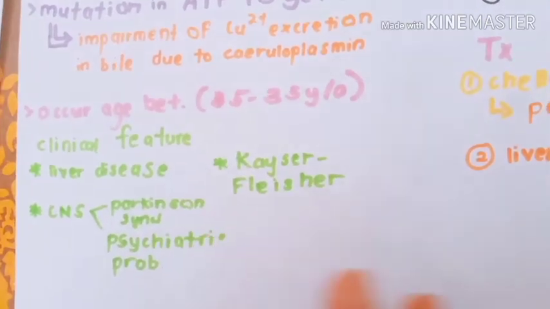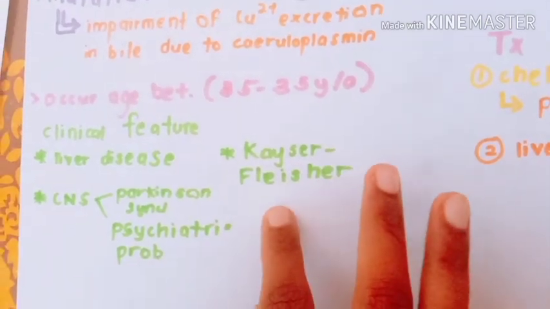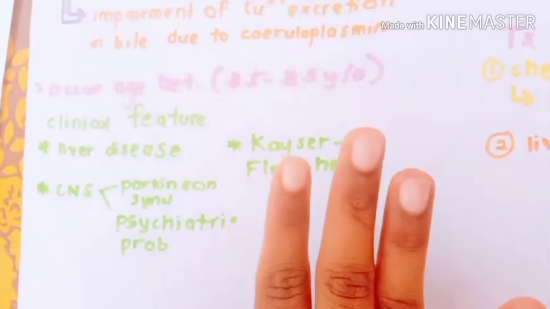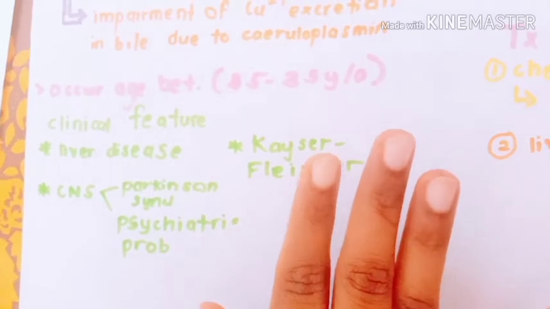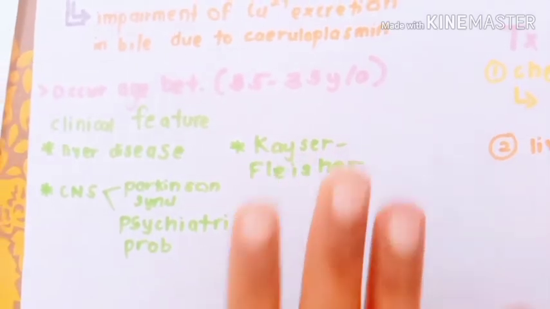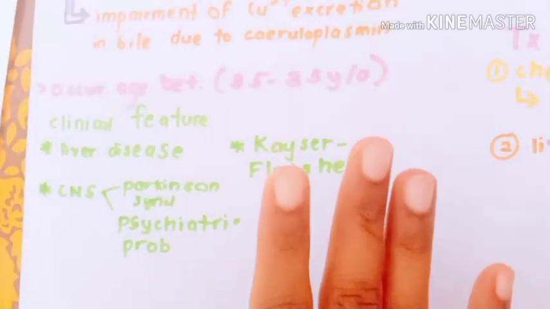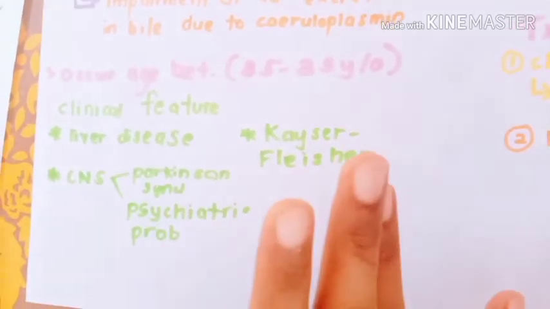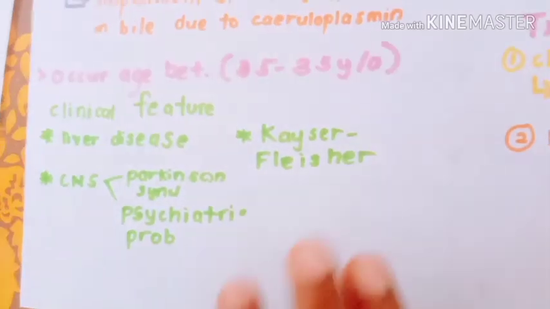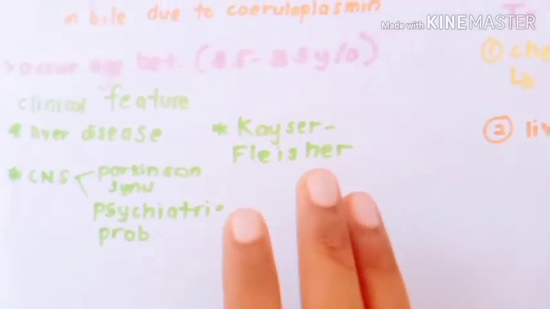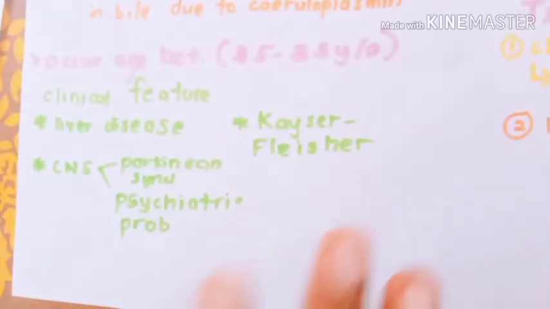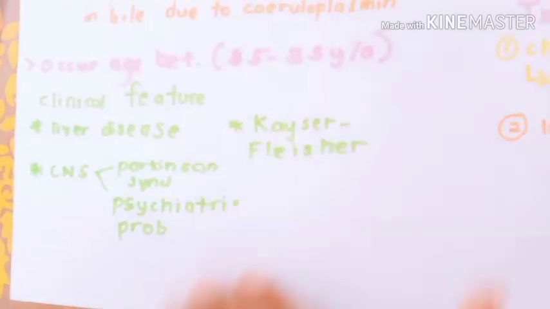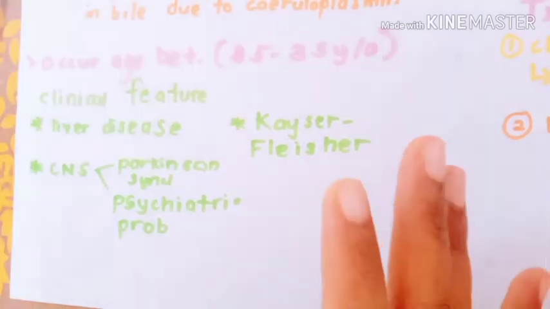So the next clinical feature will be Kayser-Fleischer rings. Before we go to the explanation of Kayser-Fleischer rings, we will go over why they occur in our body. When copper accumulates in the liver, our hepatocytes will degenerate. So there will be a leak of copper into our plasma, and when it leaks, it will not only accumulate in the liver, it will accumulate in the kidney, the brain, and also our cornea.